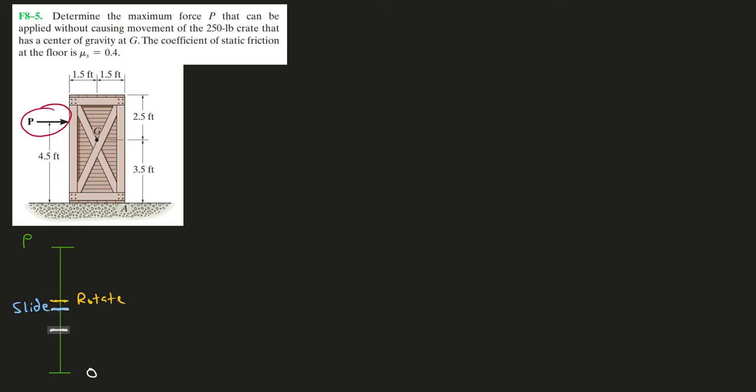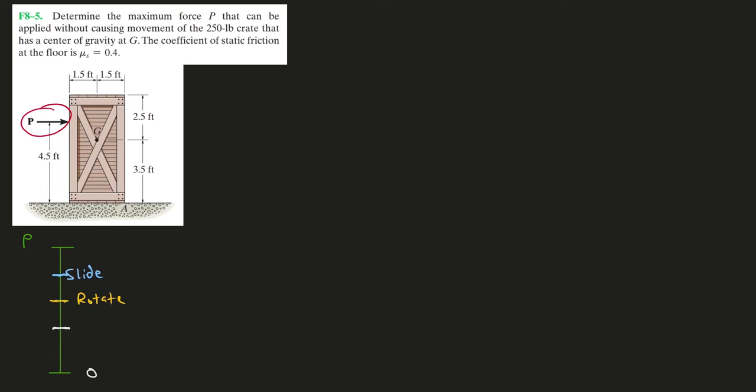So in this case, as I increase that force, sliding is the thing that happens. But maybe if the friction was different, or maybe if the dimensions of the crate were different, maybe in another situation, if I kept increasing that force, it would start to rotate first.